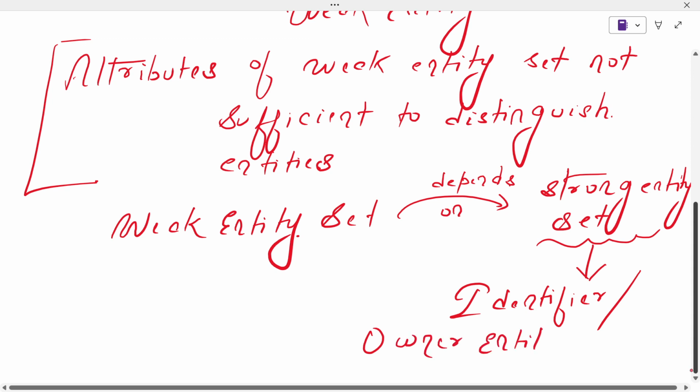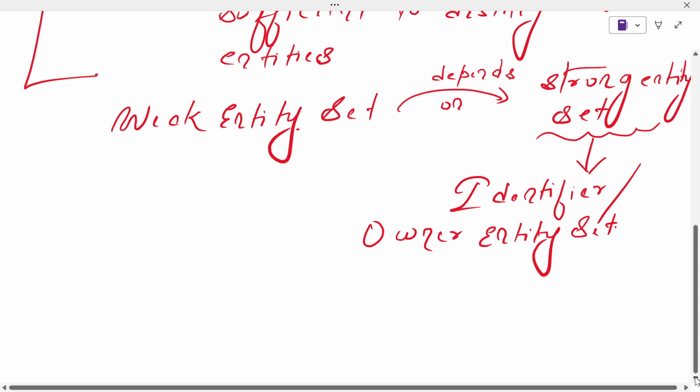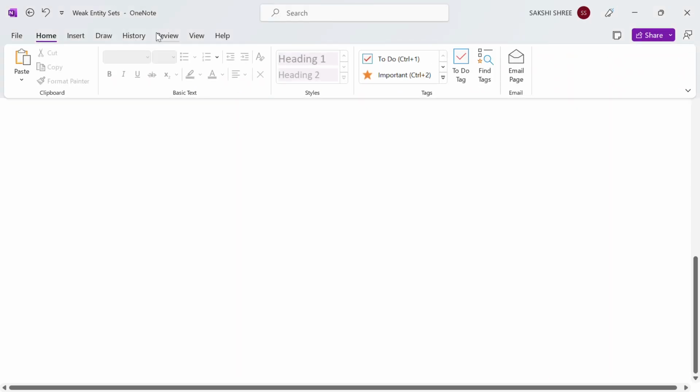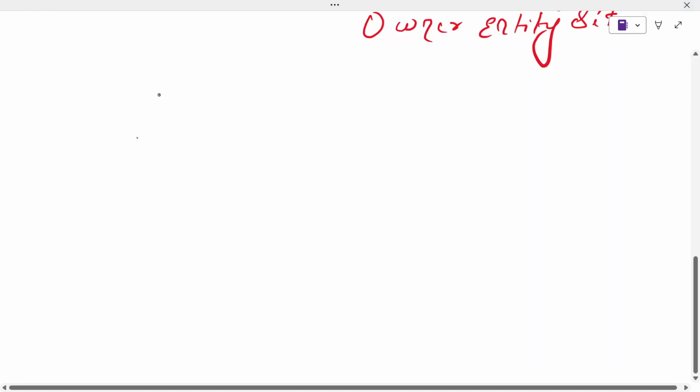Okay, so this is important: the strong entity set, the identifier entity set and the owner entity set, all three are the same. Now we will see how we can distinguish between the weak entity set and the strong entity set.